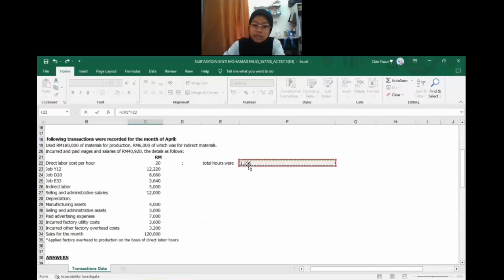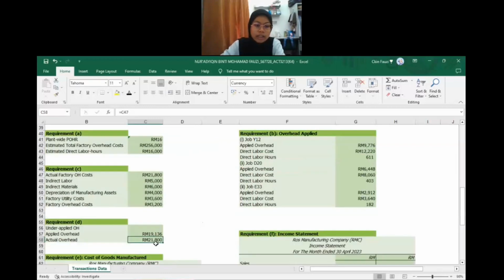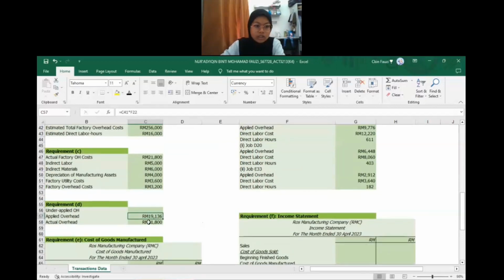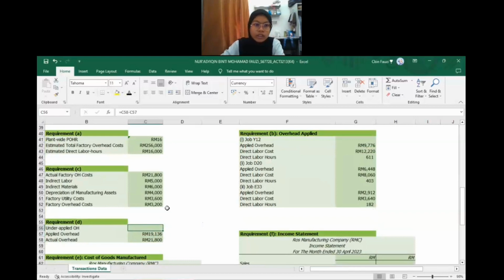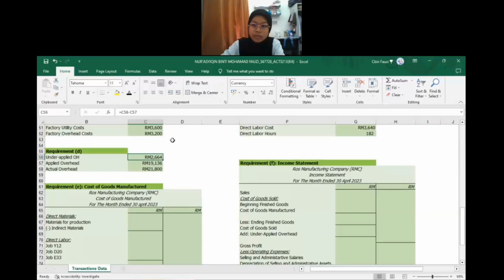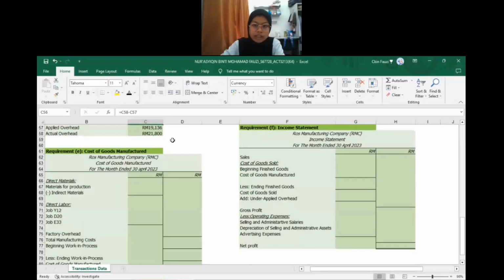So take this amount, then we get 90,136,000 ringgit for applied overhead. So to find over or under, we just take actual minus applied. So we will get 2,664. Yes, this is the amount of under applied overhead.